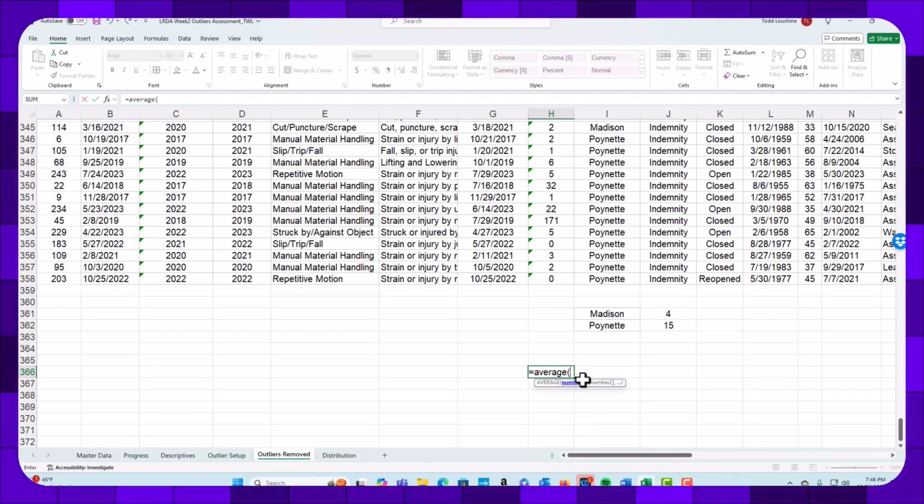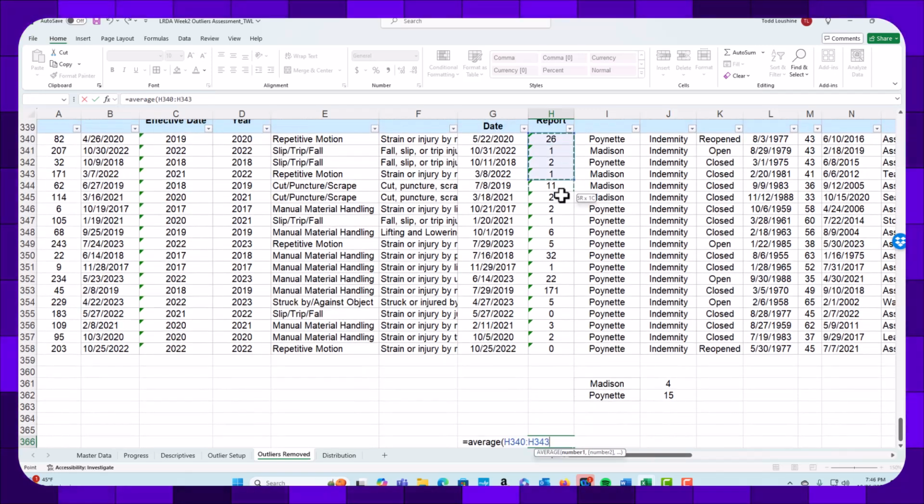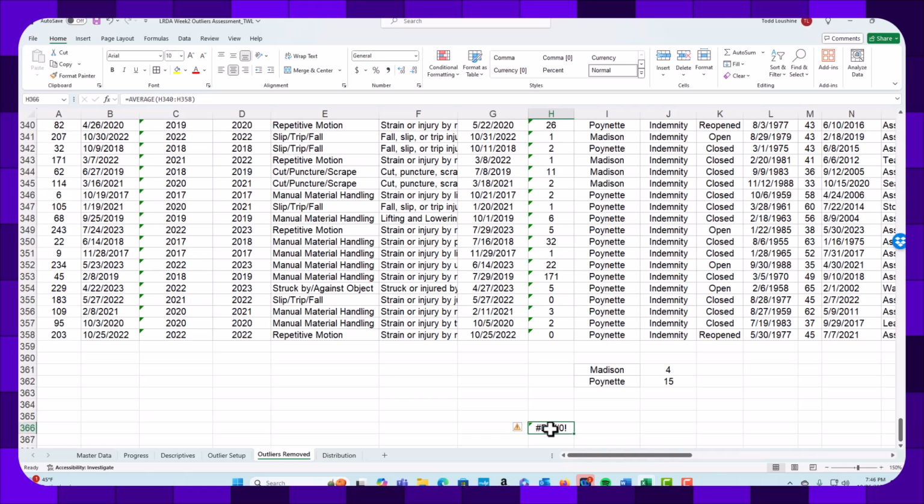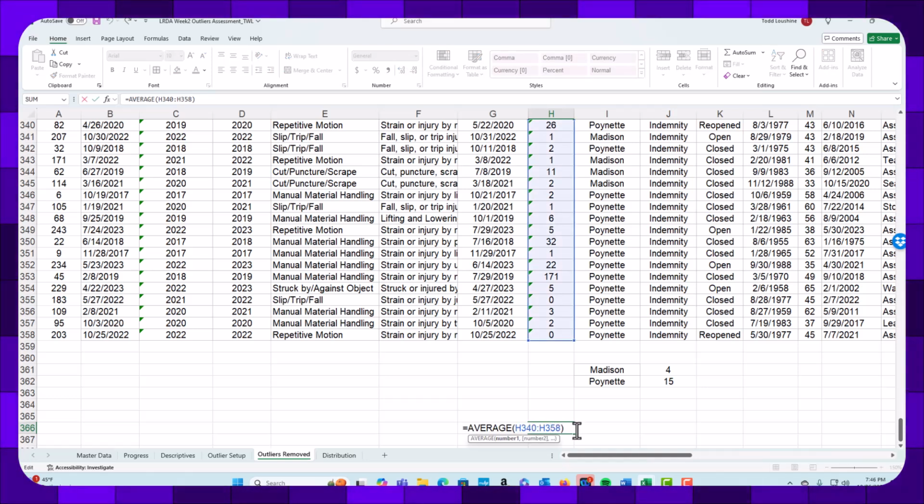Equal average. Division by 0 is really weird, because I could add it up and divide by 19. I don't know. I'm not in the mood. Not in the mood at all.